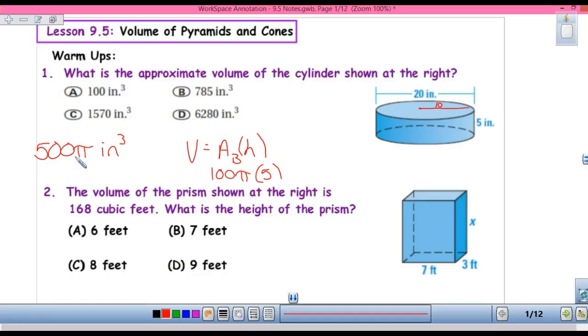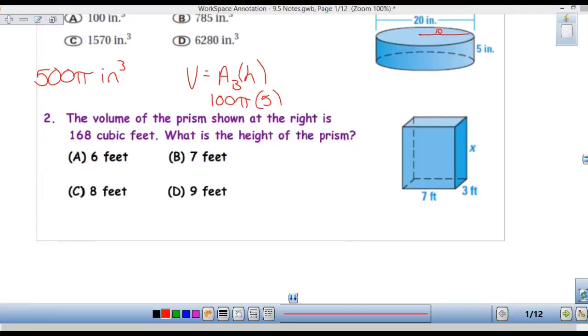All right, so here it says the volume is 168. What's the height? Okay, so we've got 168 equals the area of the base times the height, right?